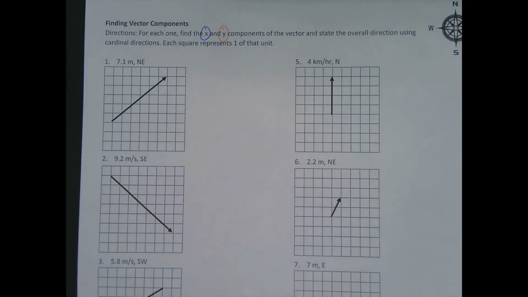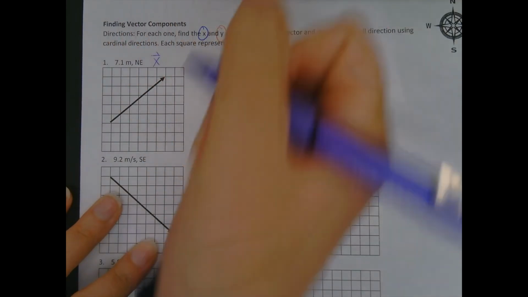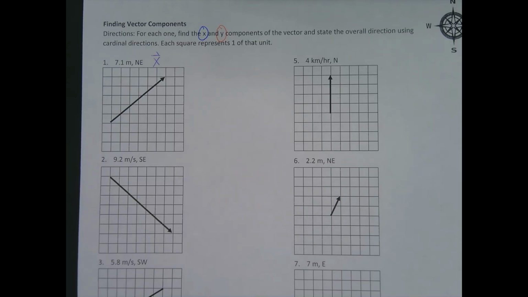So number one, the first thing we need to do though is determine what our symbol is going to be, and that's going to be from the units. So 7.1 meters. Well, meters is a unit of distance, and the vector of that is displacement. So what we're going to use here is X with the half arrow, because that's going to be our symbol that we use for this vector, okay?